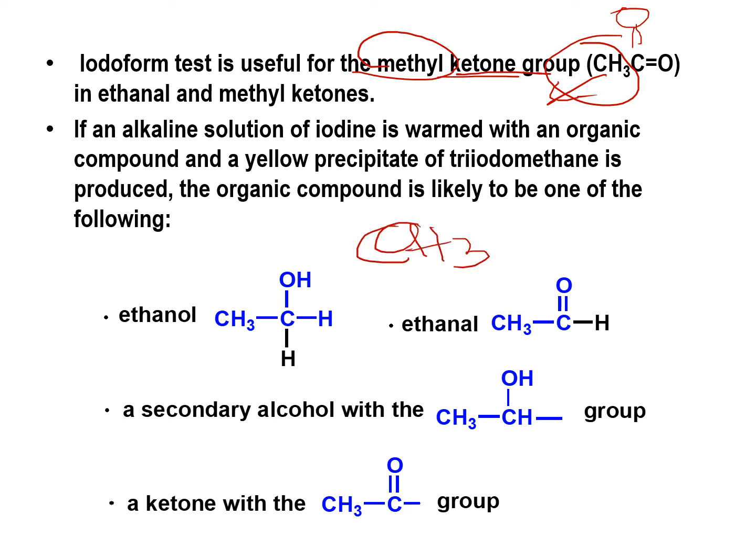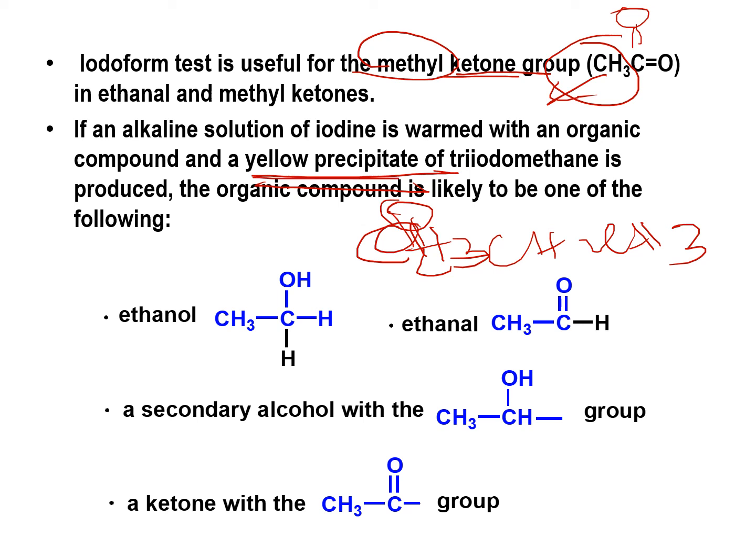If you don't have any CH3, meaning maybe you have CH2, CH3 next to the functional group C double bond O, for example, it will not give a color in the iodoform test. The color that is produced is a yellow precipitate.